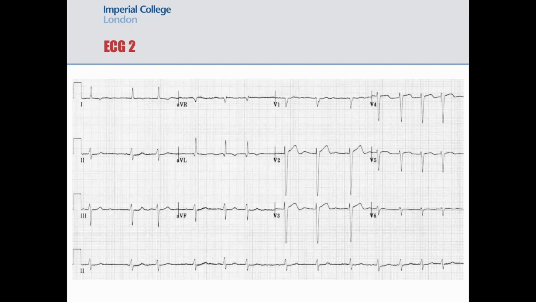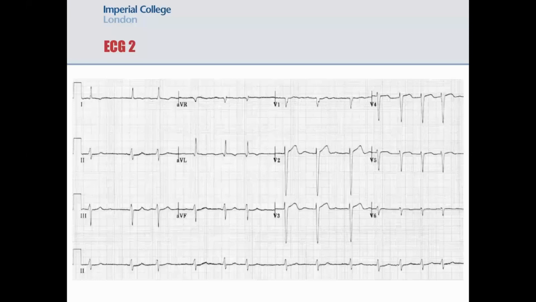Does that make sense? Sorry, just to clarify, it's the second lead that's often used as the rhythm strip, and it usually appears at the bottom of the ECG recording.